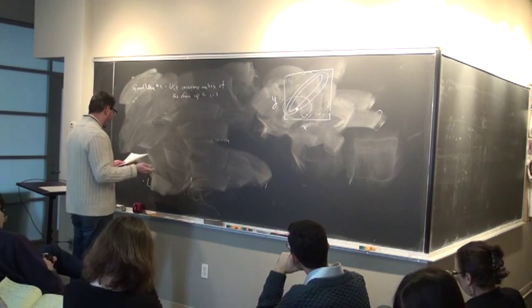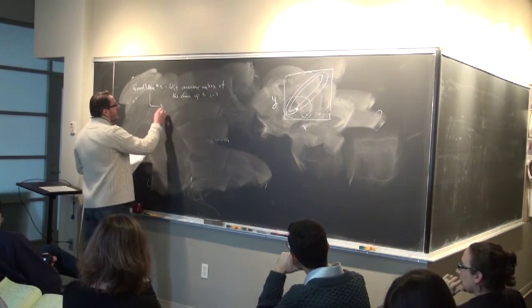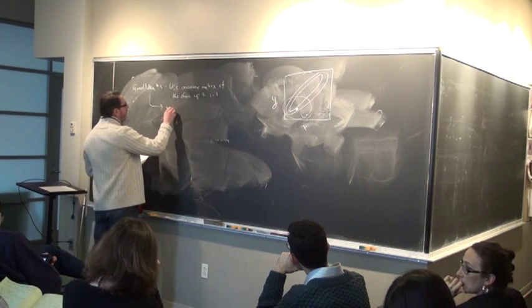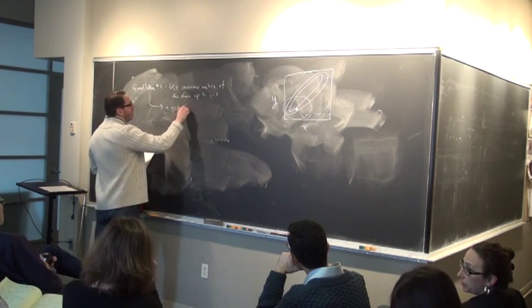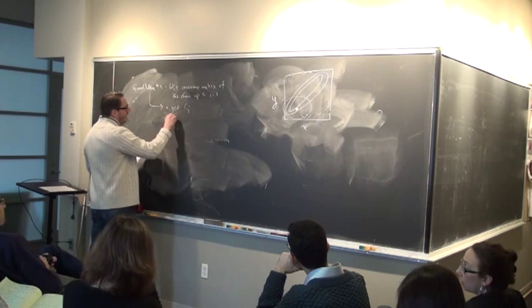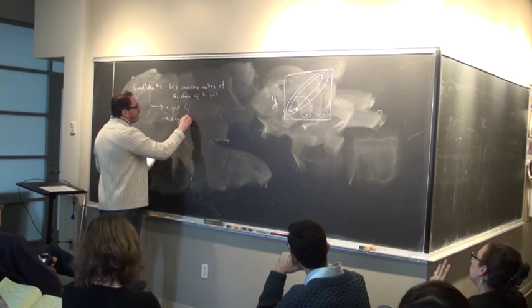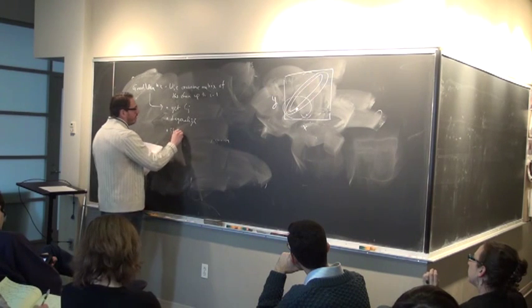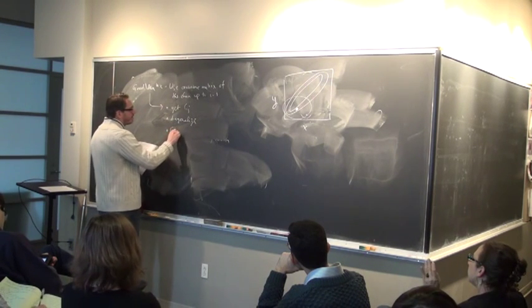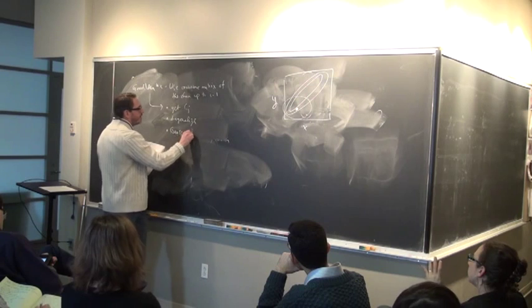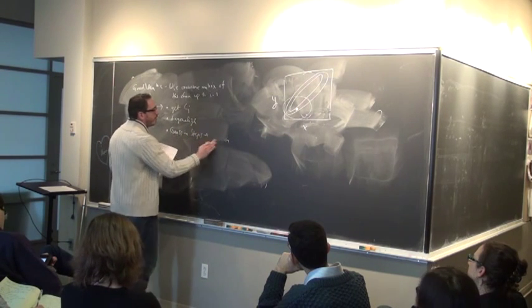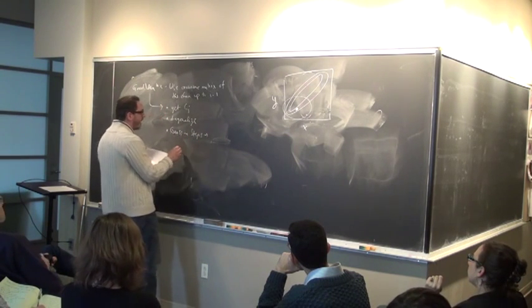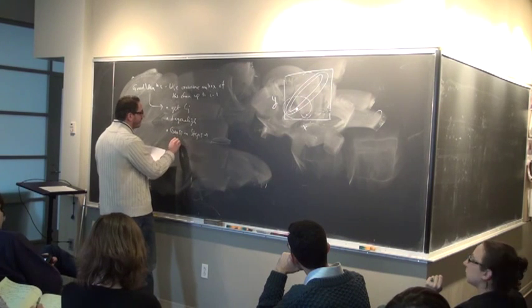So basically the idea here is you get the covariance matrix, and then you diagonalize, and then you take Gaussian steps in the direction of the eigenvectors.